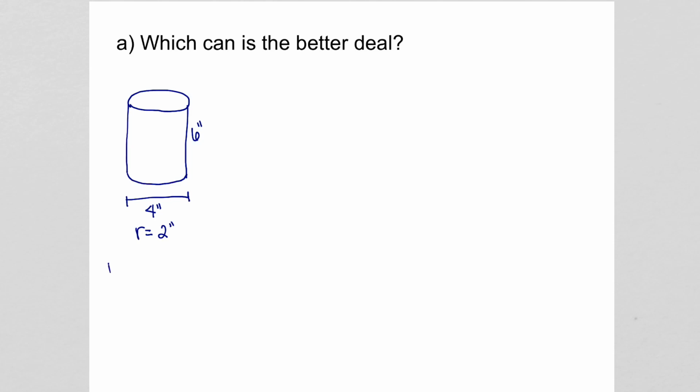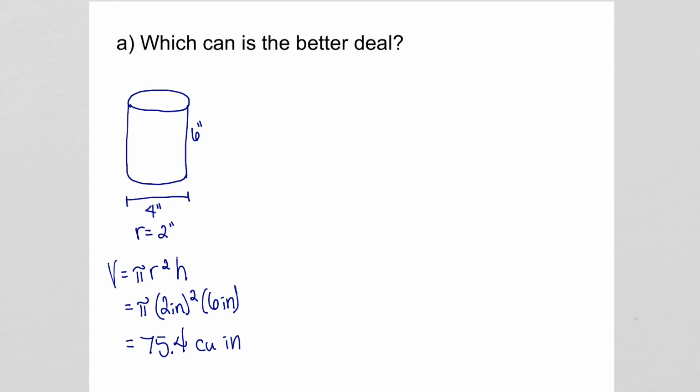And so to find the volume, we've got pi r squared h. So pi, 2 inches, squared, times 6 inches. That is 75.4 cubic inches.